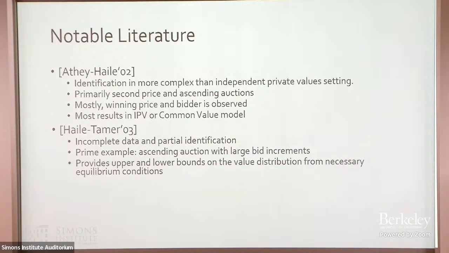So your comment is that even for symmetric, there's only identification. For common value or affiliated private values, there's mostly identification. We need to look further, because there will be some more recent papers.